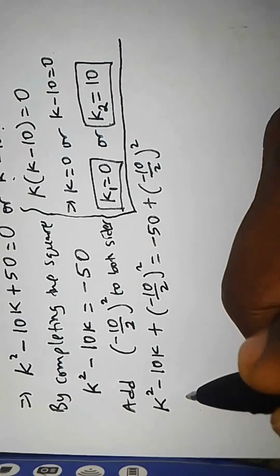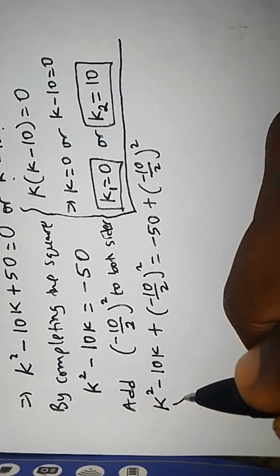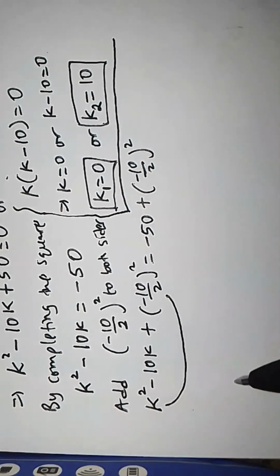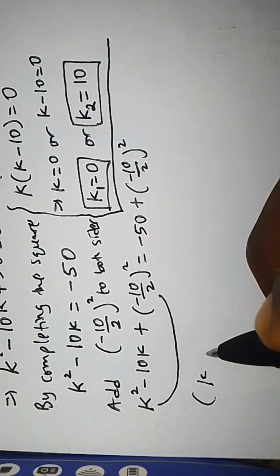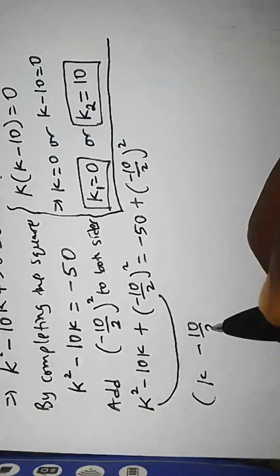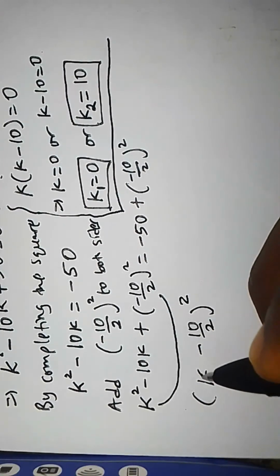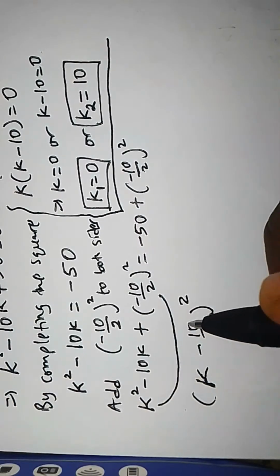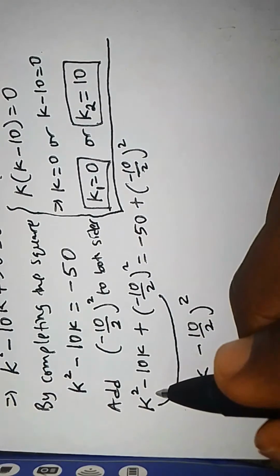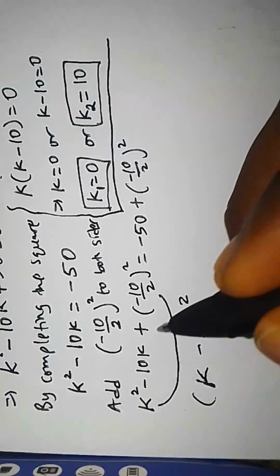Let's proceed further. So let us combine this left hand side. Doing that, we have (k minus 10 divided by 2) all squared. When you expand (k minus 10 over 2) squared very well, we're going to have all of this left hand side back.